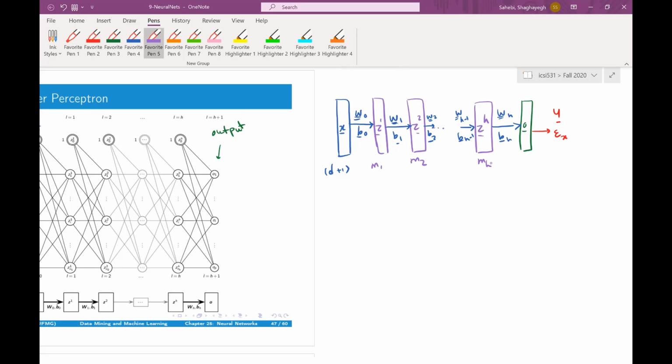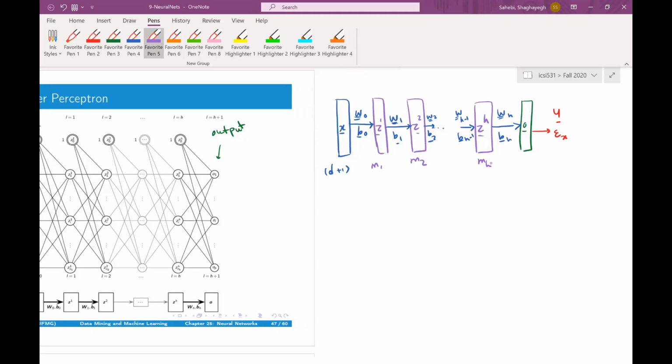Additionally, you remember that when we were calculating the output of each layer, first we calculated a net value, and then we applied the activation function on that net value that usually was nonlinear, like a sigmoid or tanh function, right? So here also we are going to have similar functions.